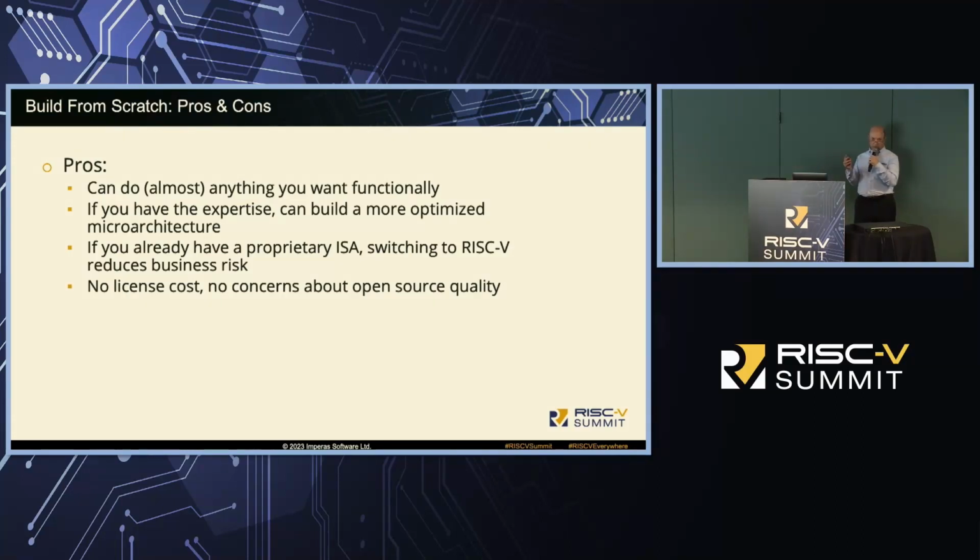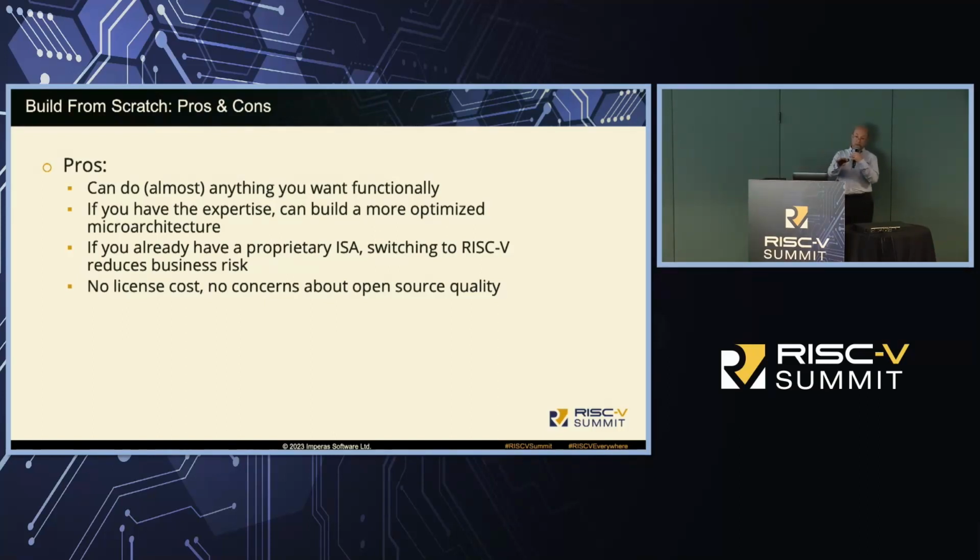But actually, we only have one guy in our company that works on the compiler for our proprietary core. And if that guy gets hit by a bus crossing the street, we are in deep trouble. But now, because they're part of the RISC-V community, they've got a whole ecosystem that's supporting them.